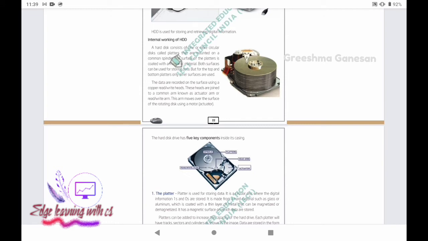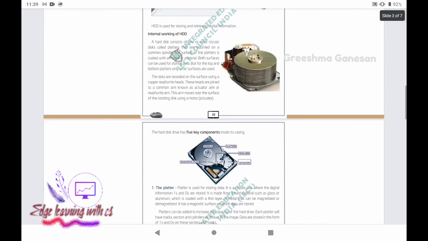The surface of the platter is coated with a magnetic material. Both surfaces can be used for storing data, but for the top and bottom platters, only the inner surfaces are used.